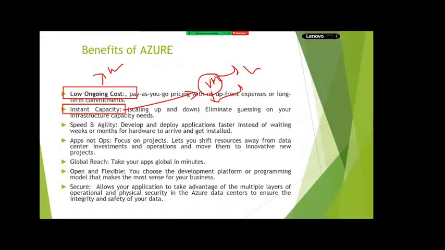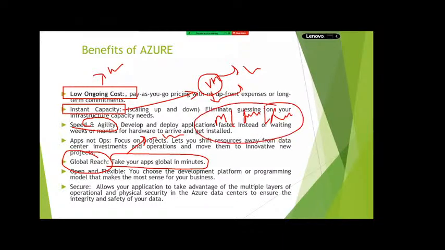Okay, next, speed and agility. Next, global reach. Your data can be distributed across the globe in minutes. Why are the applications of Microsoft, Google and Facebook very fast, even though they have billions of customers all around the world?